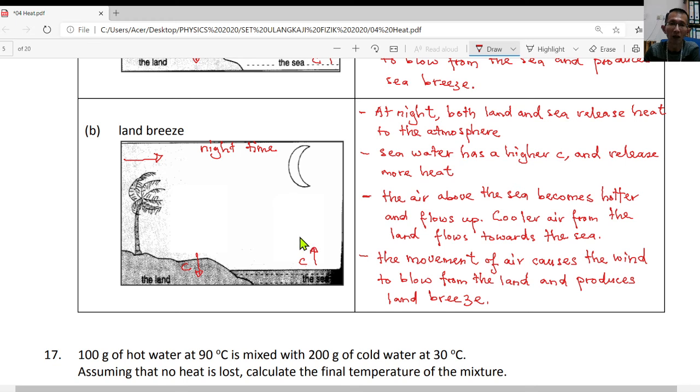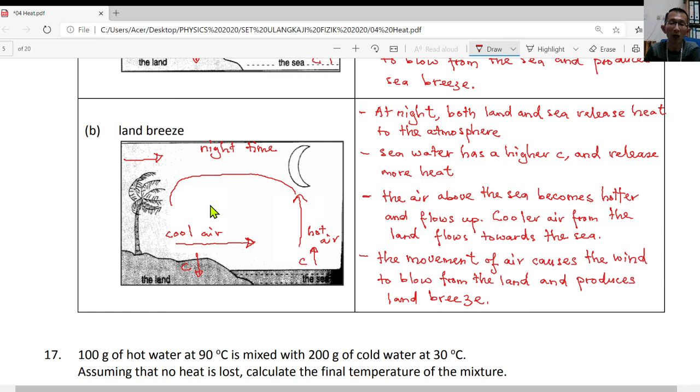So the hot air will flow up, and then we have convection happening here, and cool air from the land will move to the sea. So here I have cool air or cooler air, right?